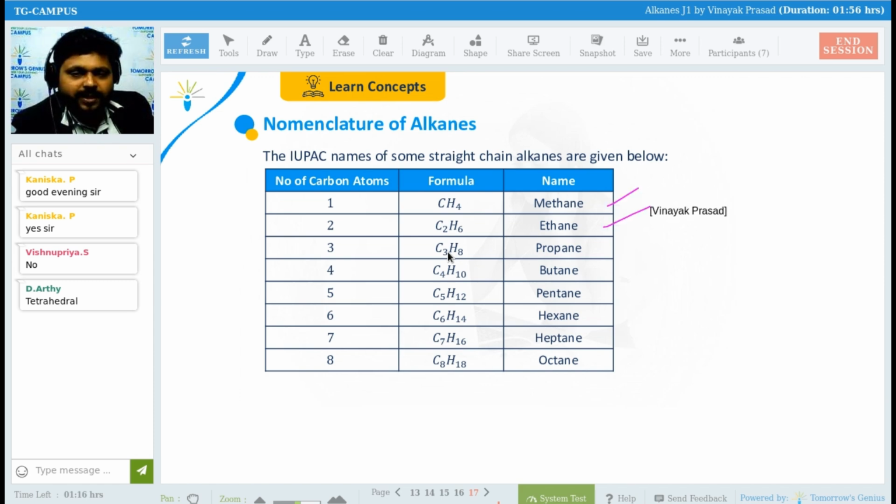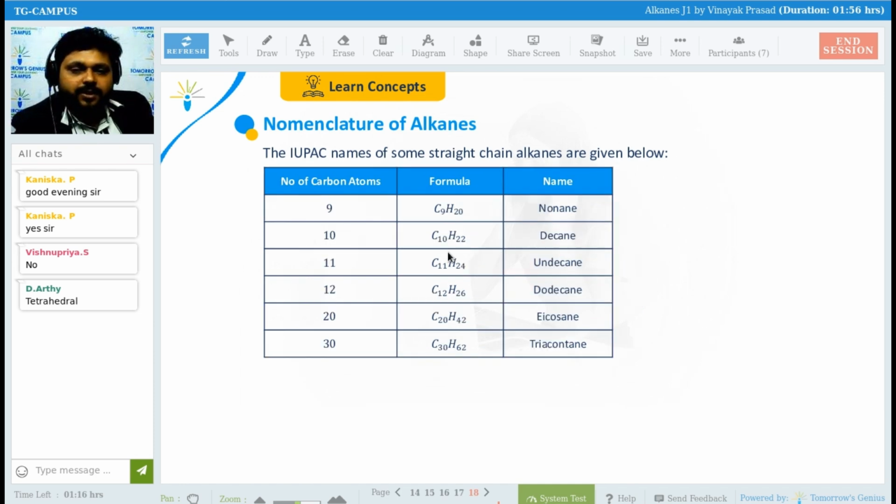You have seen methane, ethane, propane, butane, pentane, hexane, heptane, octane, nonane, decane, right? Then undecane 11, dodecane 12, icosane 20, triacontane 30.